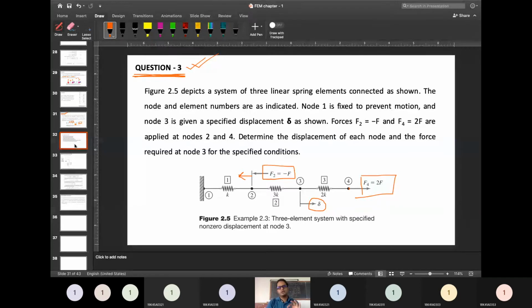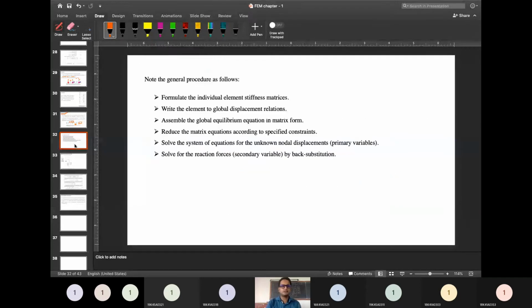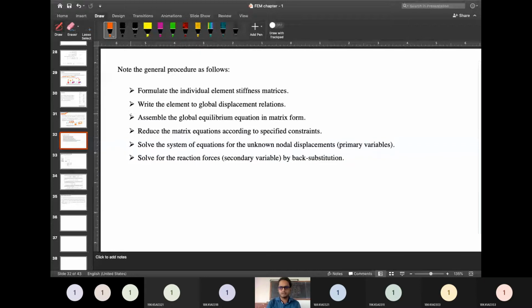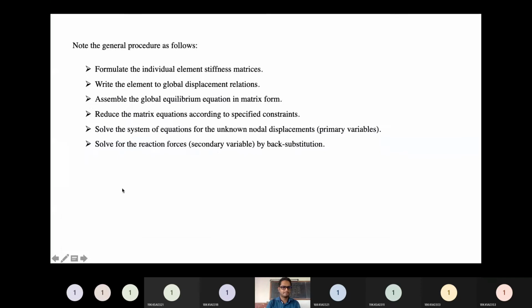Now, if you have paid attention, this is what we have done actually. Let me make it full screen. What normally are we doing? What is the general procedure? We are formulating the individual element stiffness matrix.